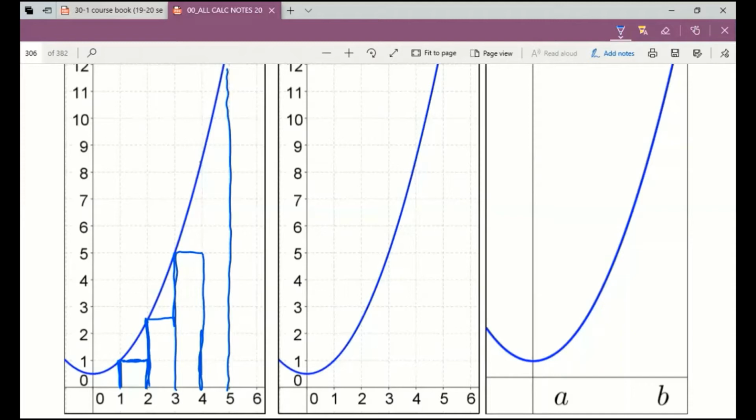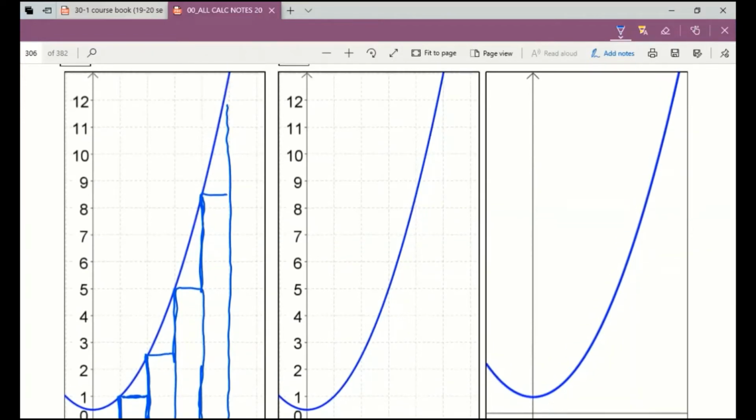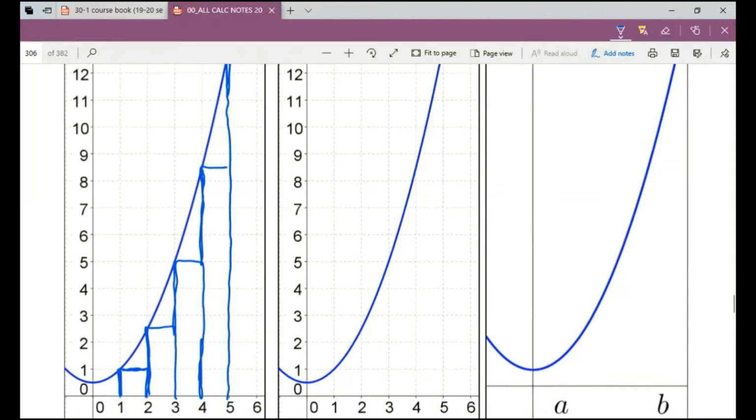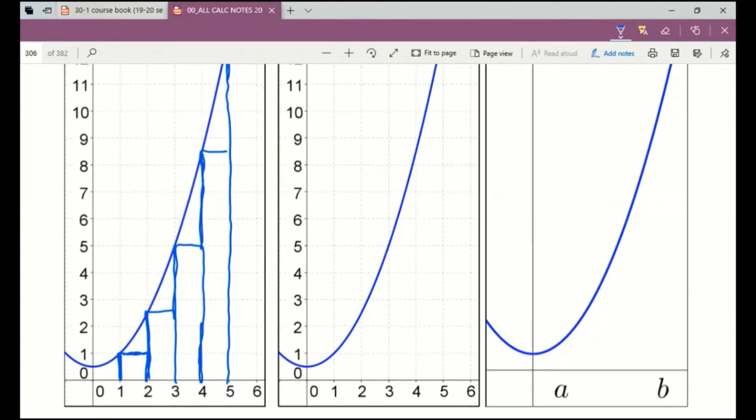When x is 4, we're going to call this about 8.5. And when x is 5, we end up with a height of 13. So if I want our area under that curve, it's just going to be the sum of the area of those 4 rectangles.